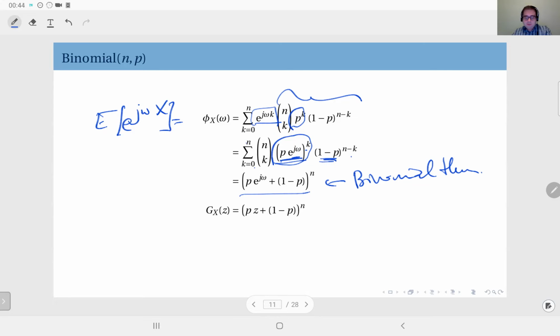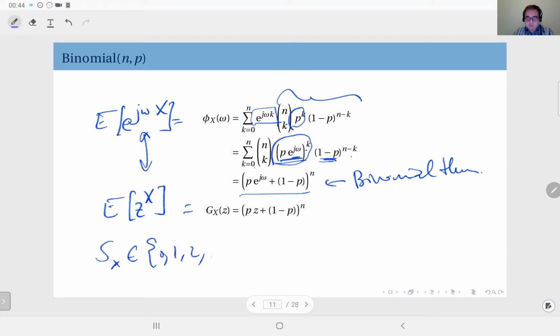Now, if you remember, the generating function was defined as the expected value of z to the power x. And if you recognize the correspondence here, well, this would be defined for x being in the set 0, 1, 2, etc., which is the case here.